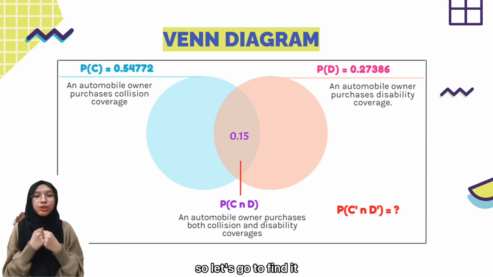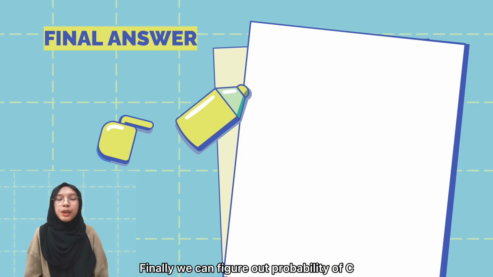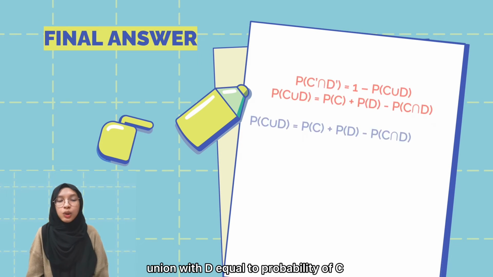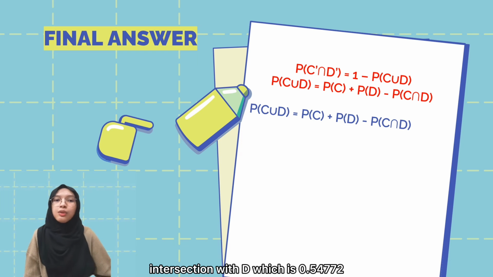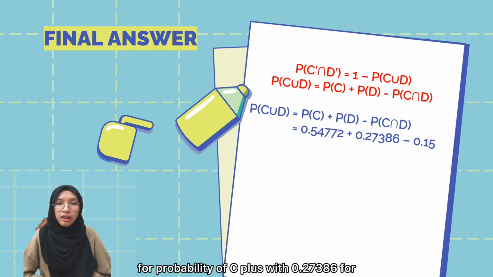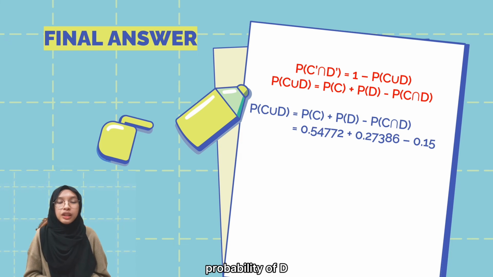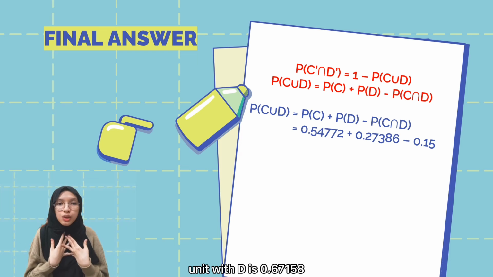Finally, we can figure out probability of C union D equal to probability of C plus probability of D minus probability of C intersection D, which is 0.54772 for probability of C plus 0.27386 for probability of D minus 0.15. So finally, the probability of C union D is 0.67158.